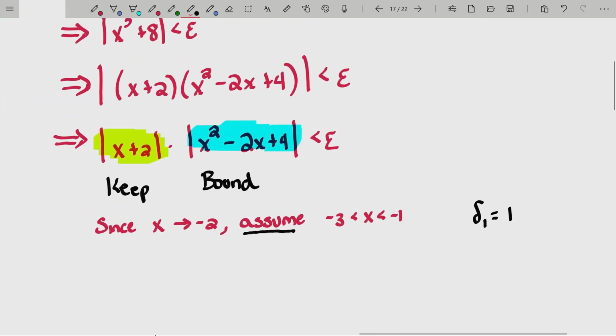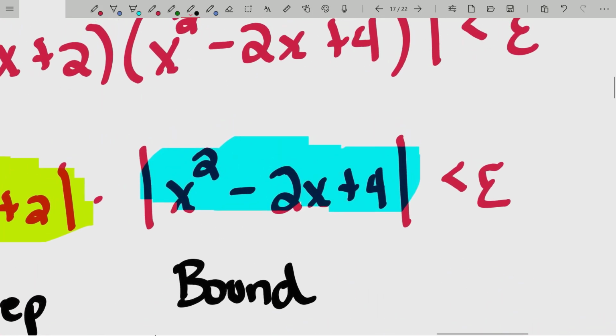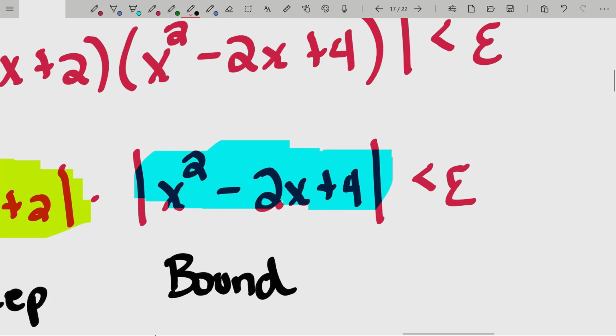But now that I have a bound on delta, I'll start rebuilding this trinomial. Now, generally when you're rebuilding a trinomial, or actually rebuilding any type of absolute value like this, you deal with the linear factors, or the linear terms, first, and then the quadratic terms in a totally different inequality.